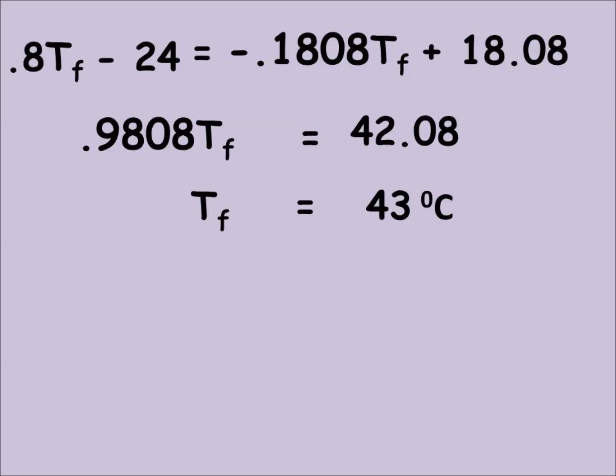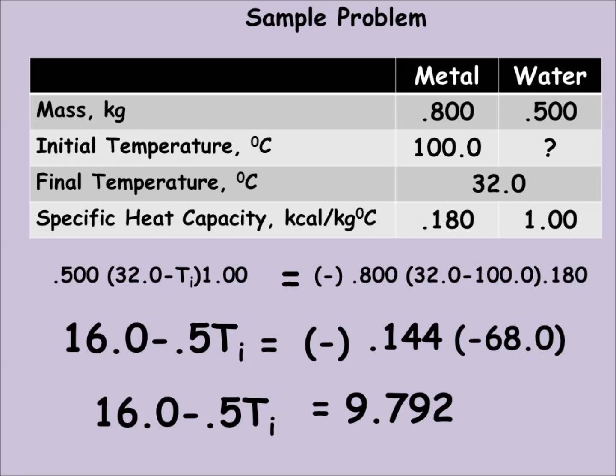The next equation is going to be pretty simple, and that's simply going to be to try to find the TI, or the initial temperature of the water involved here. So plugging in 0.5 times the quantity 32 minus 0. Again, the water's on the left, the metal's on the right. You could put the metal on the left and the water on the right. It doesn't matter either way.